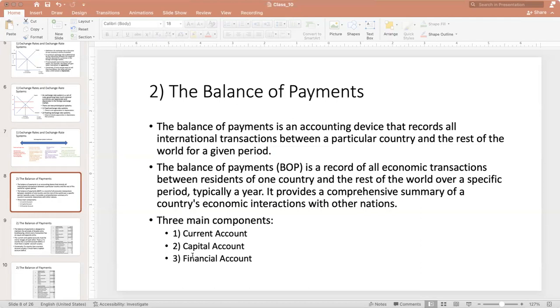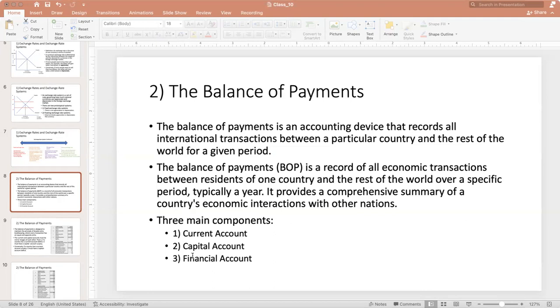Additionally, it encompasses the income balance, which includes income earned by residents from their investment abroad and the income earned by foreigners from their investment in the country. Lastly, the current account covers unilateral transfers such as remittances from foreign workers, foreign aid, and gifts.